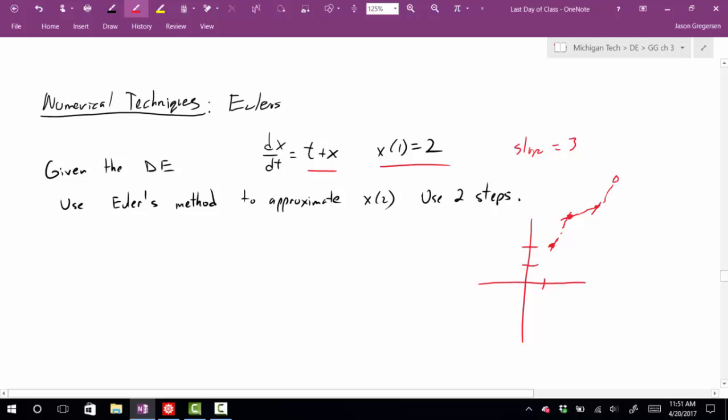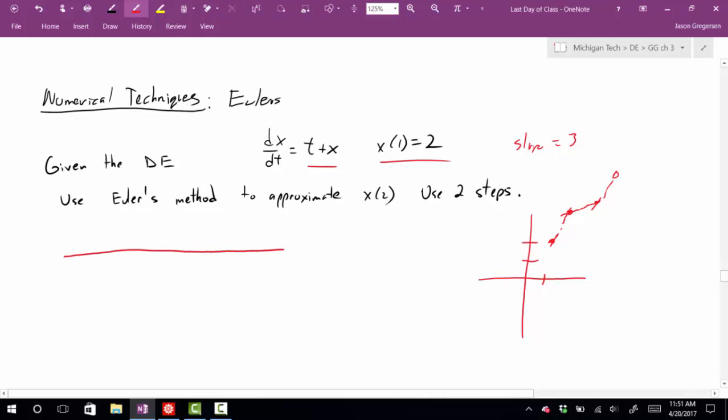Now, probably the easiest way to actually calculate all those different points along the way is to build your little table. So I have my starting point. I'm starting at the point 1, 2. I'm going to calculate my slope, which in this case is equal to t plus x. In this case, the slope is 3. I'm going to take some little step in the t direction.